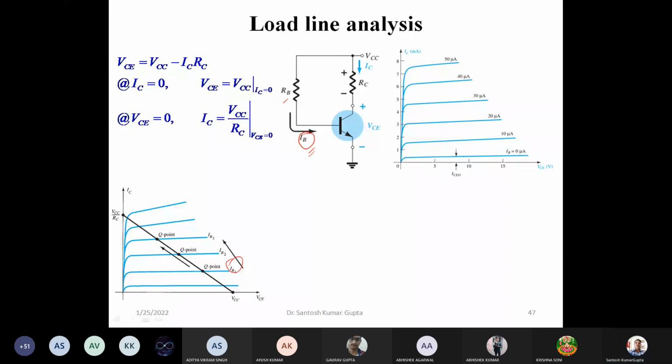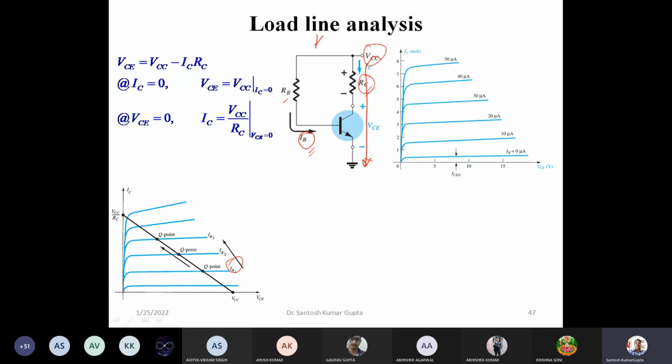For a given value of RC and VCC, we have a single equation at the output circuitry, which involves this path here, including the VCC, RC, and the transistor.